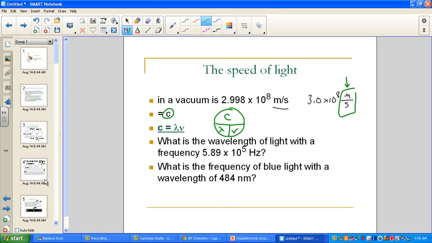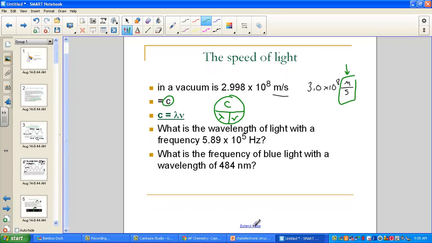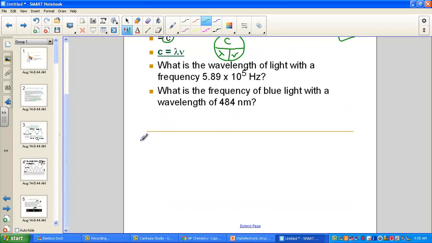Let me give myself some more room, and we'll work out our first example problem. What is the wavelength if I have a frequency equal to 5.89 times 10 to the 5th hertz? And remember, hertz can also be written as a per second. Second raised to the -1 is called a per second.